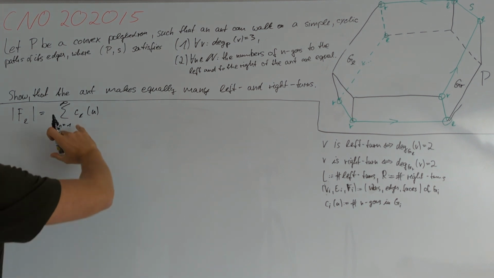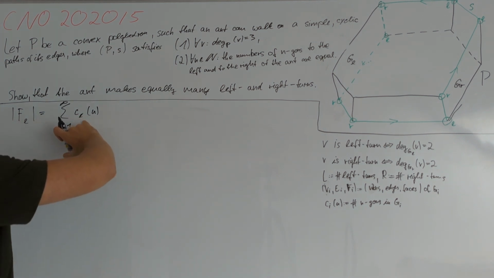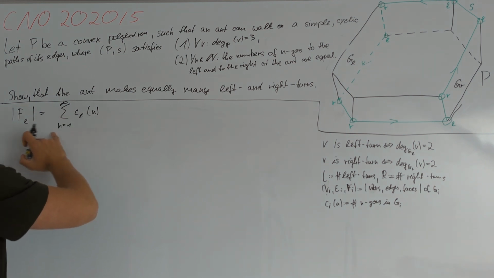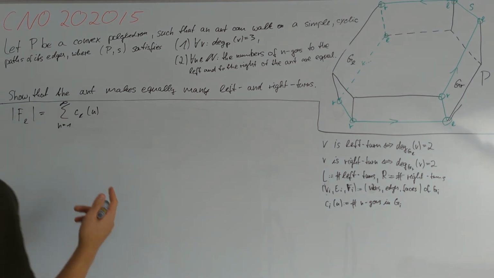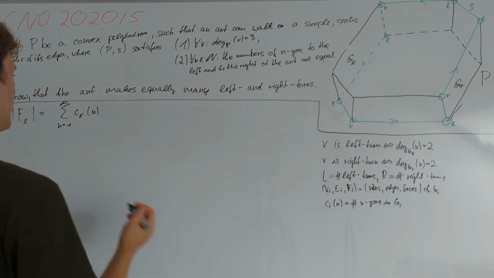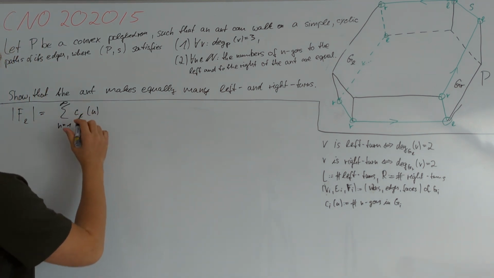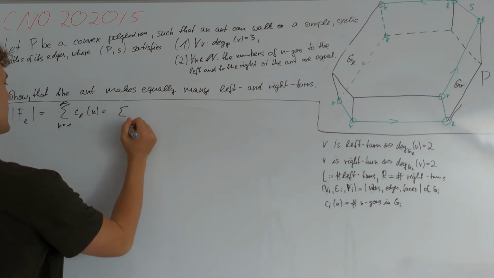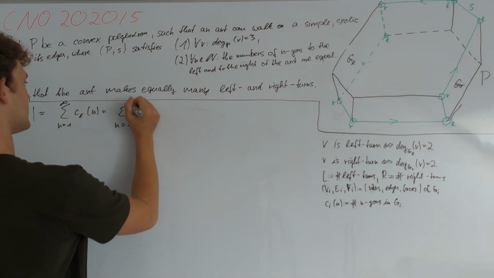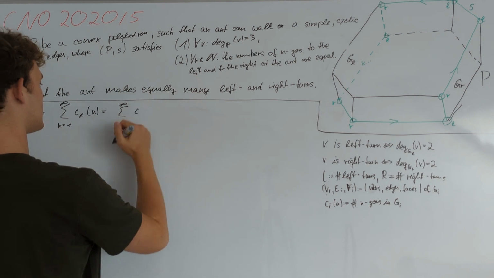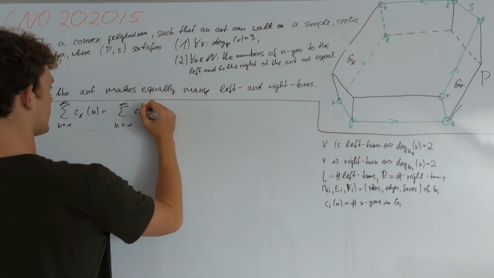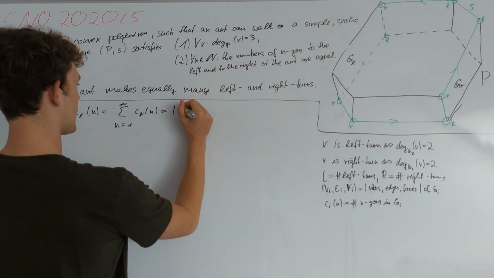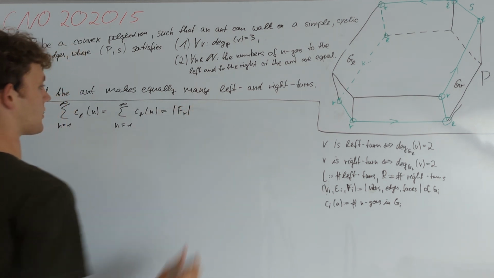Why is that? CL of n counts the number of faces which are n-sided, and if we sum it up over all possible values of n, we get the total number of faces. But since CL of n equals CR of n, this is equal to the sum from n equals 1 to infinity of CR of n, which is nothing but the magnitude of FR.